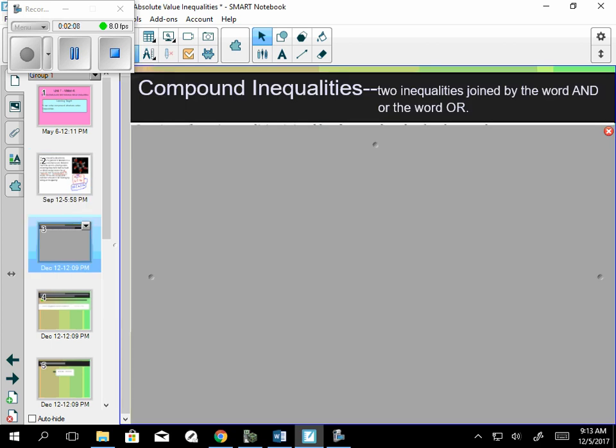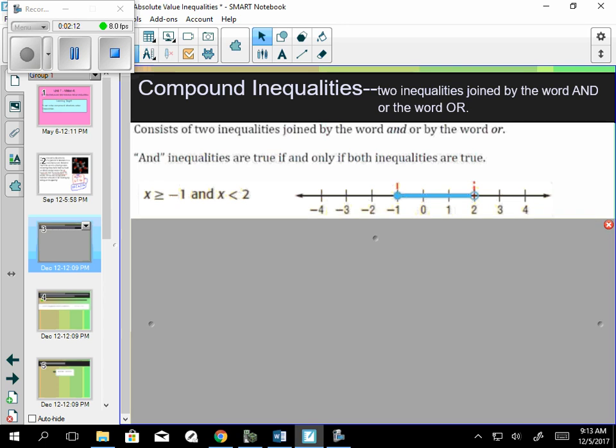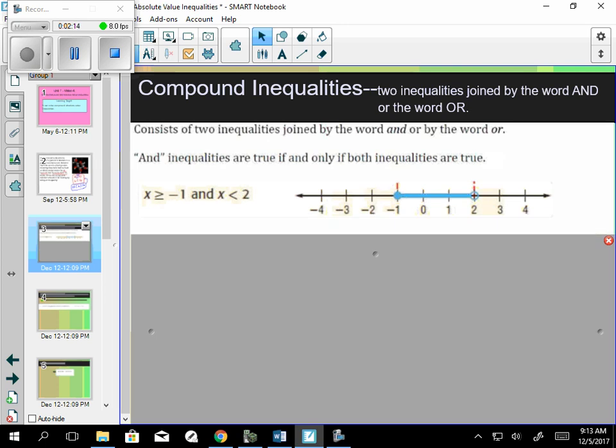All right, so compound inequalities. They consist of two inequalities joined by the word and or the word or. And inequalities are true if and only if both inequalities are true. So like this one says that x has to be greater than or equal to -1 and x has to be less than 2.